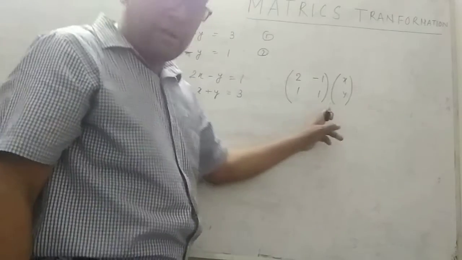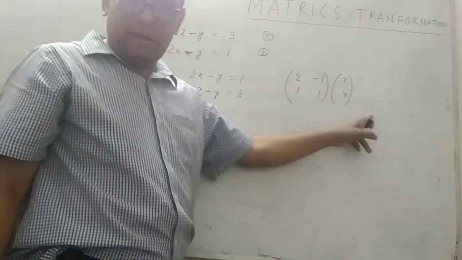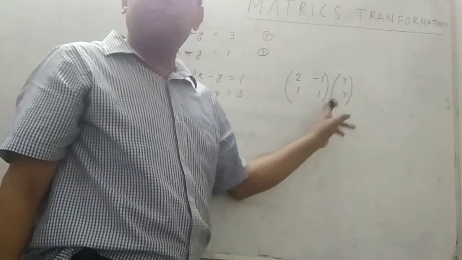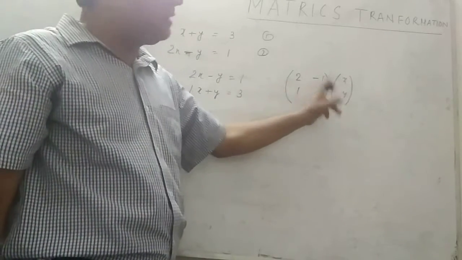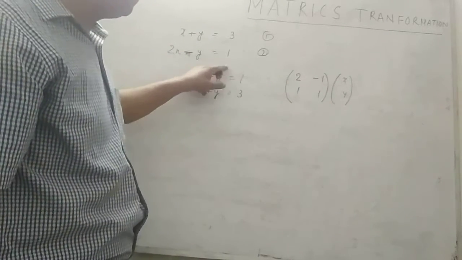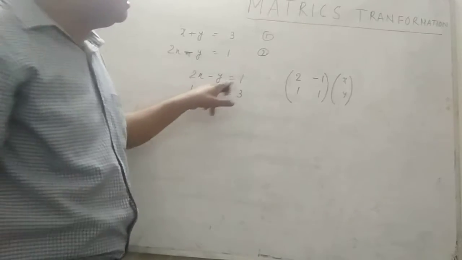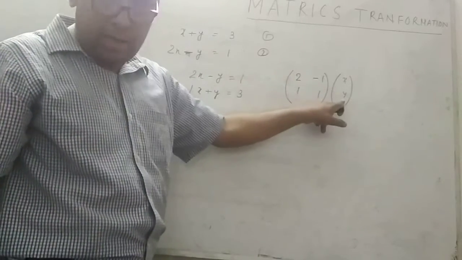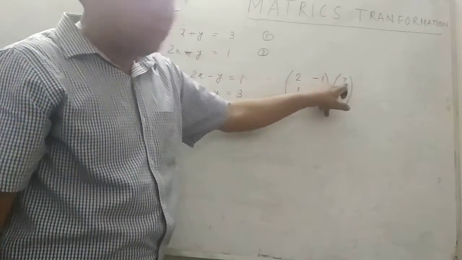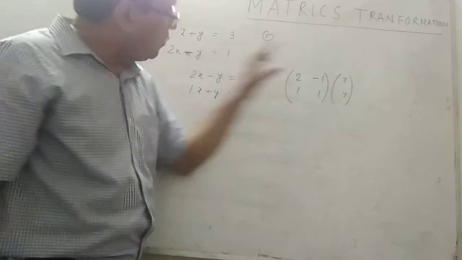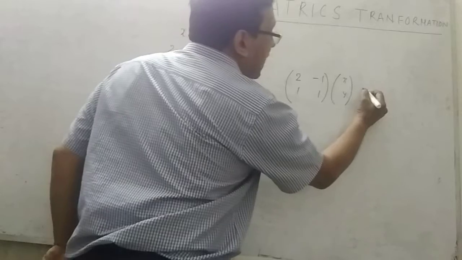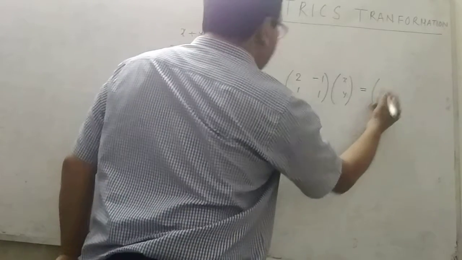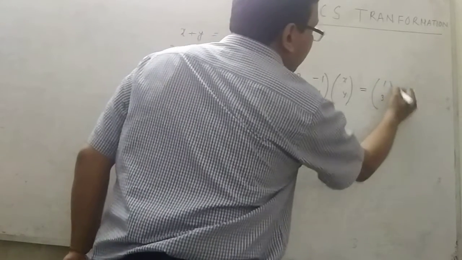This is a 2 by 2 matrix and this is a 2 by 1 matrix, so this matrix product is possible. And if I multiply these two matrices again, I will get the expression 2x minus y, and 1 into x plus 1 into y. So I can write this. Now this product is equal to, I can also write as 1, 3.